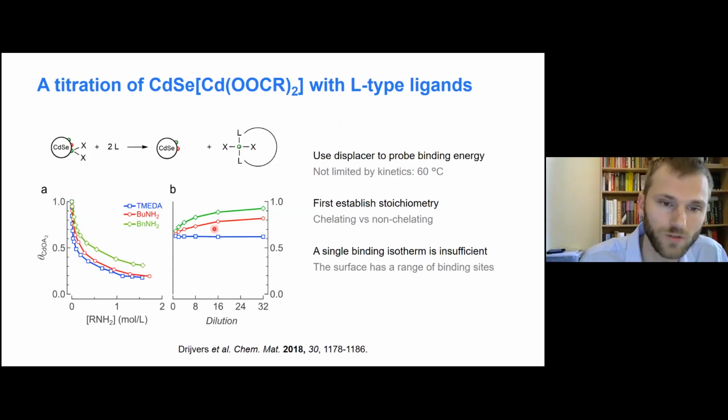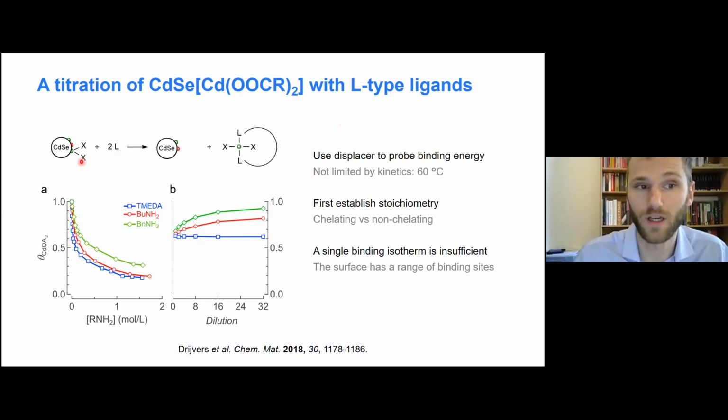So in order to find that out, we did a dilution experiment, because if the number of species left and right of this equilibrium, this should actually be an equilibrium arrow, if the number of units left and right is the same, the equilibrium constant will not change with dilution. The equilibrium constant will never change. The speciation will not change with dilution.